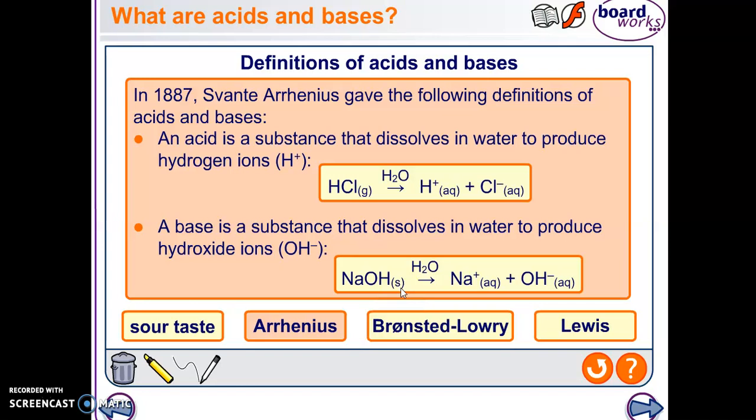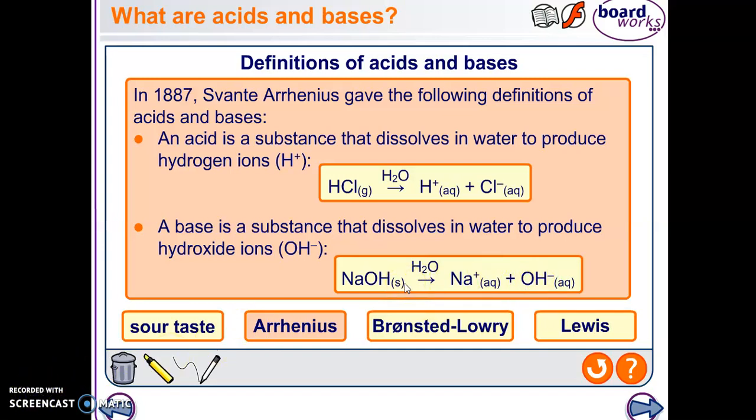If solid sodium hydroxide, NaOH, is dissolved in water, this sodium hydroxide is also formed by combination of two ions, Na positive ion and OH negative ion. So on dissolving in water, sodium hydroxide is going to produce Na plus and OH minus. Two types of ions are produced here.